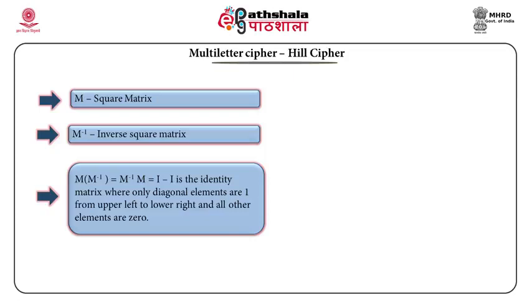So it says M multiplied by M inverse, that is a key point in our algorithm. It would give you the identity matrix, where only diagonal elements are 1 from upper left to lower right, and all other elements are 0, as I already explained.